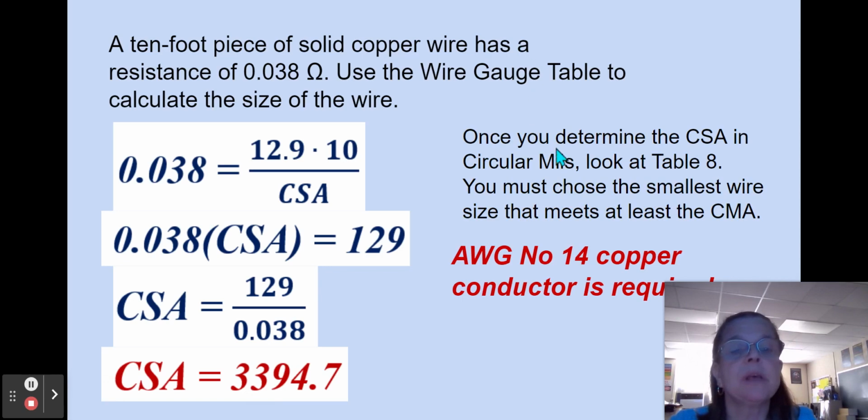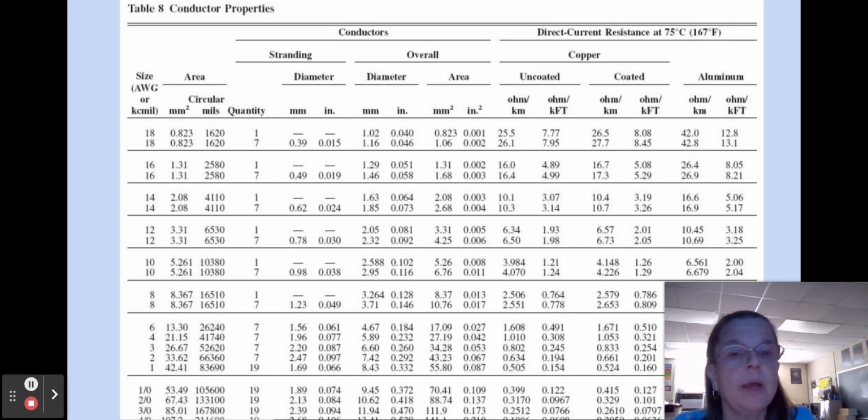The next step is, once you determine the cross-sectional area in circular mils, go look at Table 8. You must choose the smallest wire size that meets at least this cross-sectional area. So in this case, number 14 copper conductor is required.